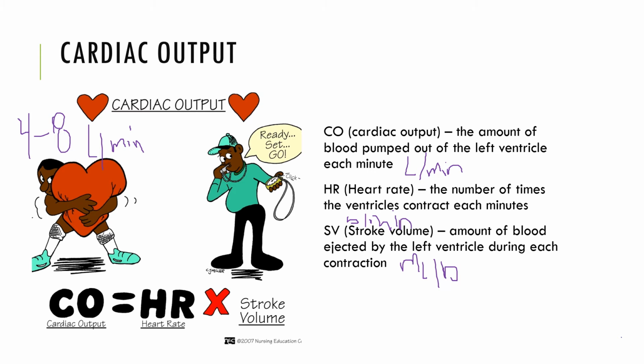Okay, so in order to get this, we'll do an example problem. We have a patient with a heart rate of 78 beats per minute, and we have a stroke volume of 65 mLs per beat.